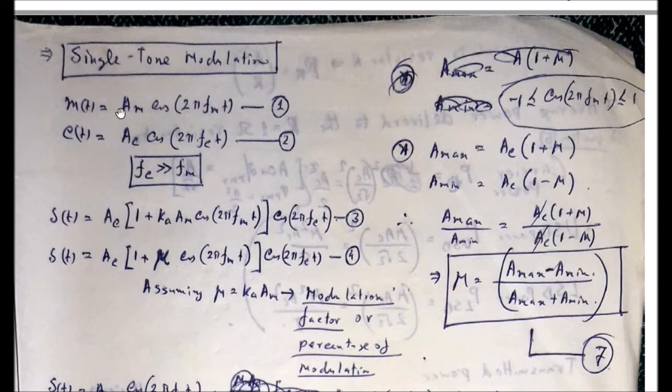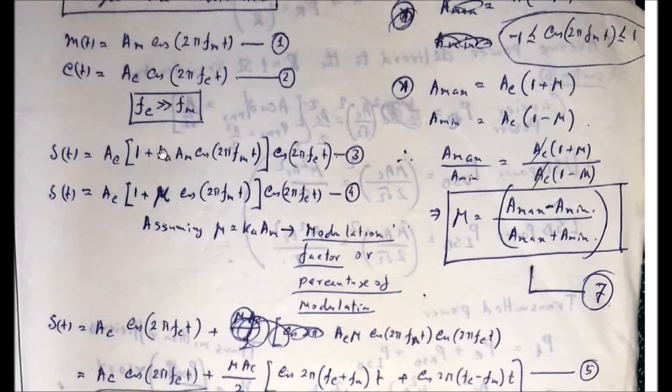If you start from that step, you will obtain equation number 3. And in place of Ka Am, I am putting mu. Mu is equal to Ka Am. It is known as the modulation factor or percentage of modulation. It is also known as the modulation index.